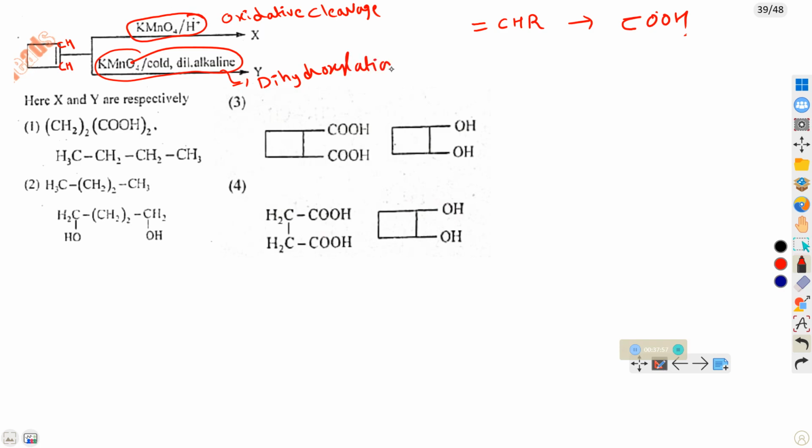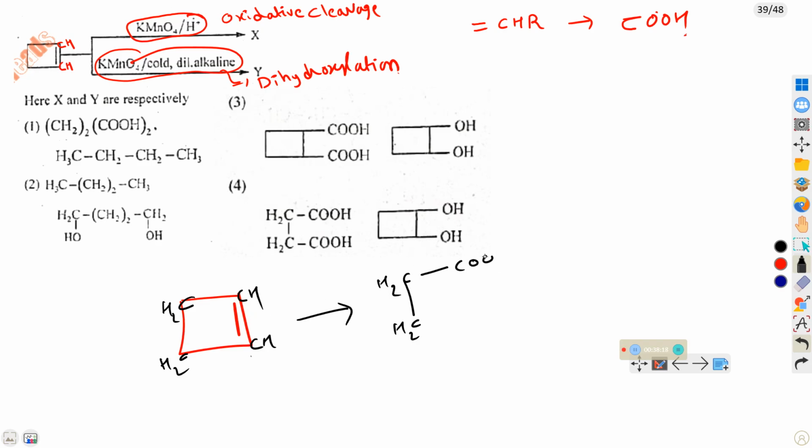So take the compound CH2, CH2, CH double bond CH. It is converted to COOH in the presence of KMnO4 by H plus.